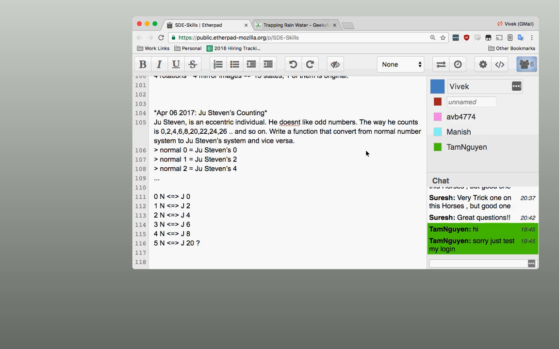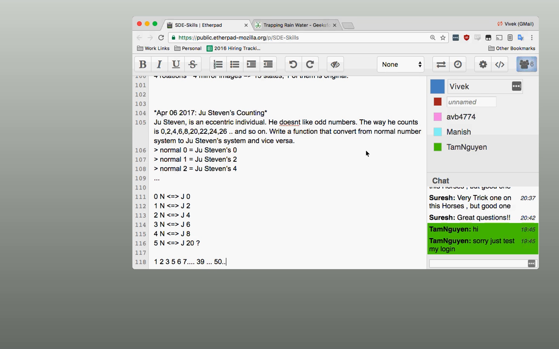I think it's called the Chinese counting system, where apparently people don't like the number 4 in China, so they count 1, 2, 3. They skip 4 and call it 5, 6, 7, and so on. And after 39, they don't like 40, so they go to 50 completely. They skip all the way from 40 to 49, and then they go 50.